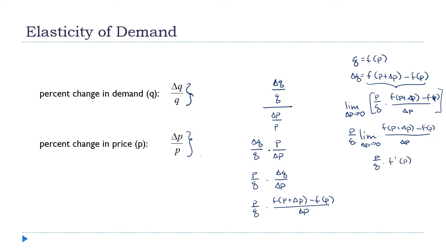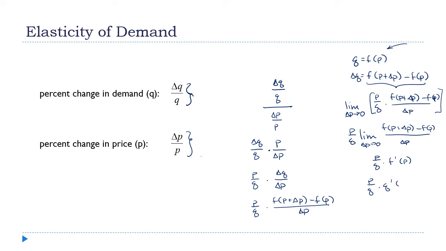But back up here, my definition, f is just the same as Q. That's my demand function. So this is, let's try that again, P over Q times Q prime.